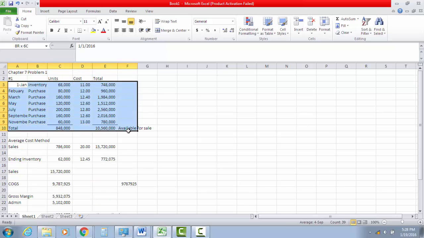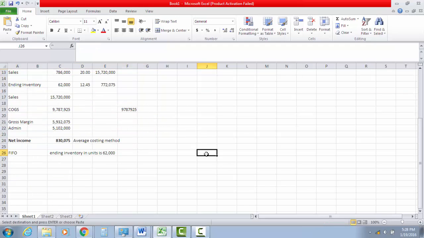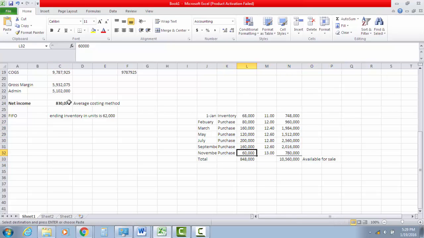So let's copy these items down here. I'm just going to put it to the side so we can look at it at the same time. So I need 62,000 units. So my November purchase alone, and this is my ending inventory value, would still be left.